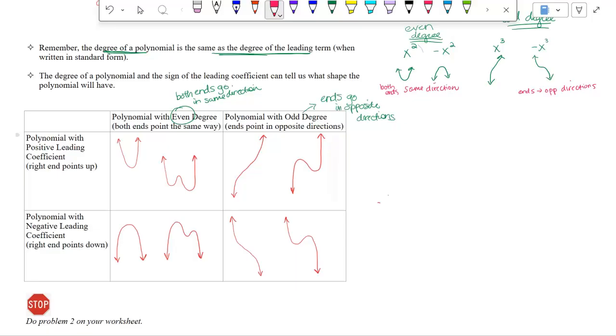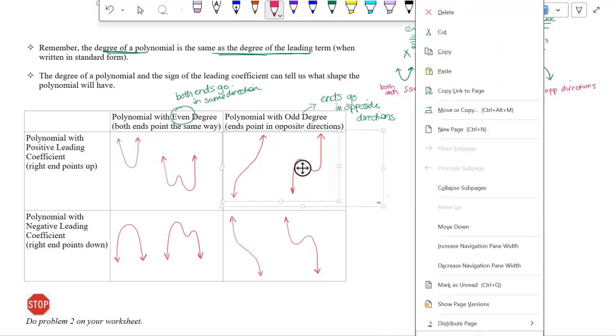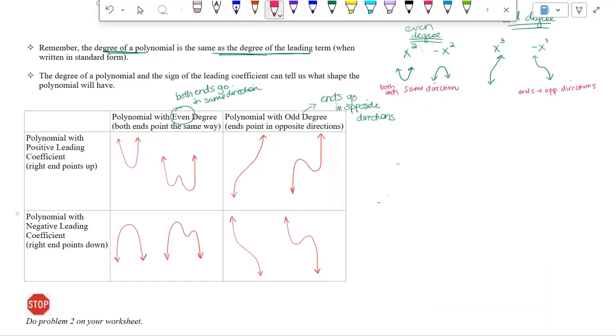Same with this example, we've just got a few little bumps along the way before our graph overall goes up. Now, if we have an odd degree and a negative leading coefficient, looking at our graph from left to right, it's going to be going down, or becoming more negative. And you see this in both cases. This appears to be a negative x cubed, and this is a higher degree, but it still is going to be going down.